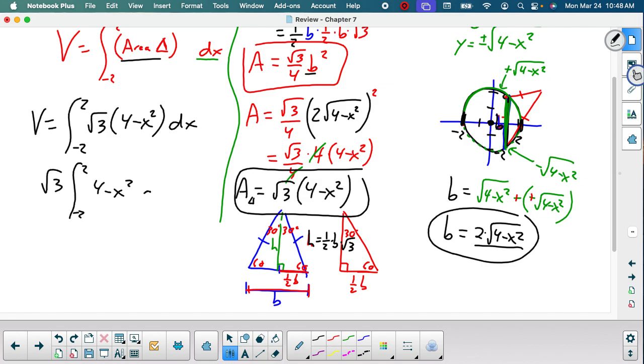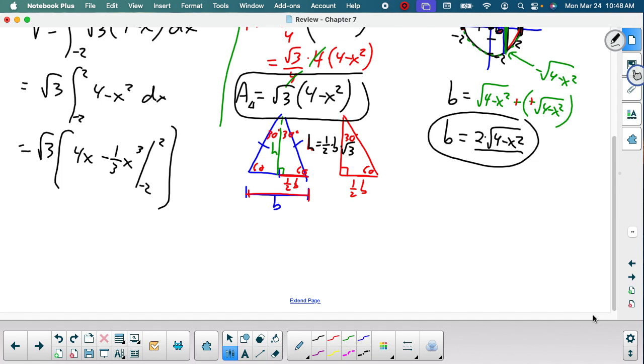Some of you with your calculator, if you want to do it that way, that's fine. But I'll have the square root of 3 pulled out. If I antidifferentiate this, I'll have 4x minus 1/3 x cubed. But then I'm evaluating at 2 and -2, and at the end of the day, multiplying by the square root of 3. I'll plug in my 2. So I have the square root of 3 times, plug in my 2.